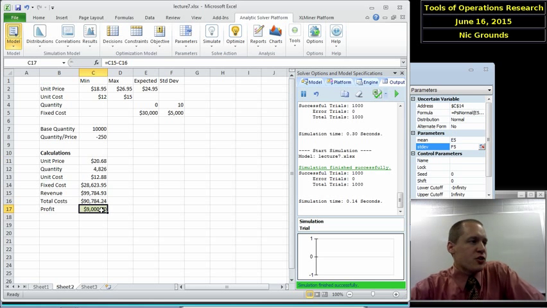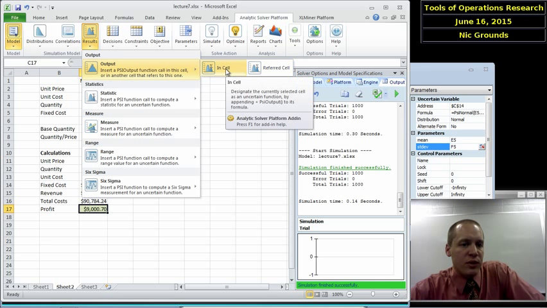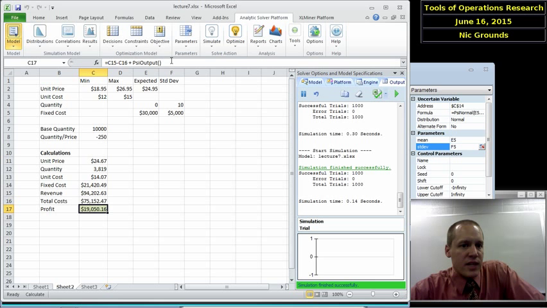That is, we want to see the distribution of what value gets computed in cell C17 given different randomly generated values for, say, price and quantities and costs and so forth. So we select cell C17, the profit. We click the results button, output, and say that the result output we're interested in is in this cell that we've selected, C17, which adds the PSI output function to that cell.